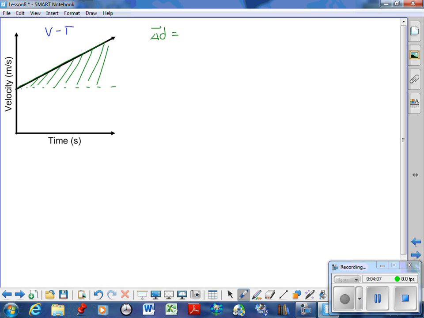Did I change my slope? No. So delta D, we know from before, it's not going to come from this graph, that we simply do it by V times delta T. And that was for uniform motion.